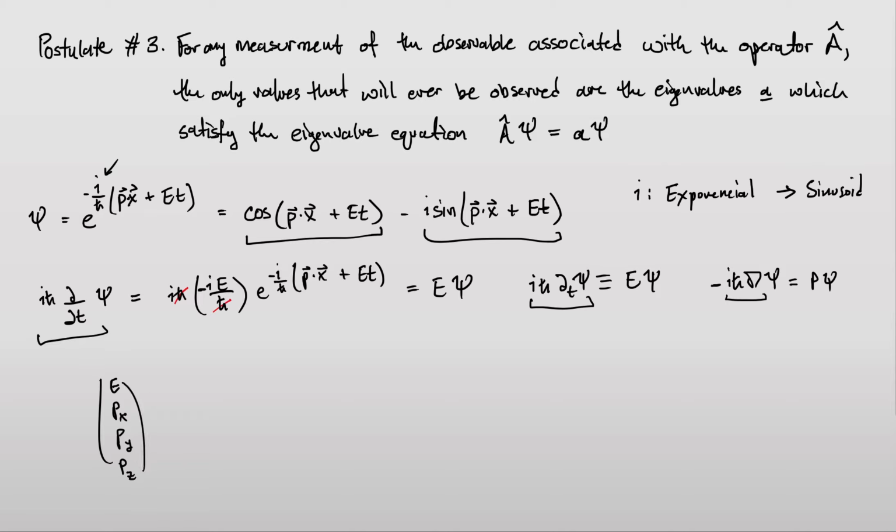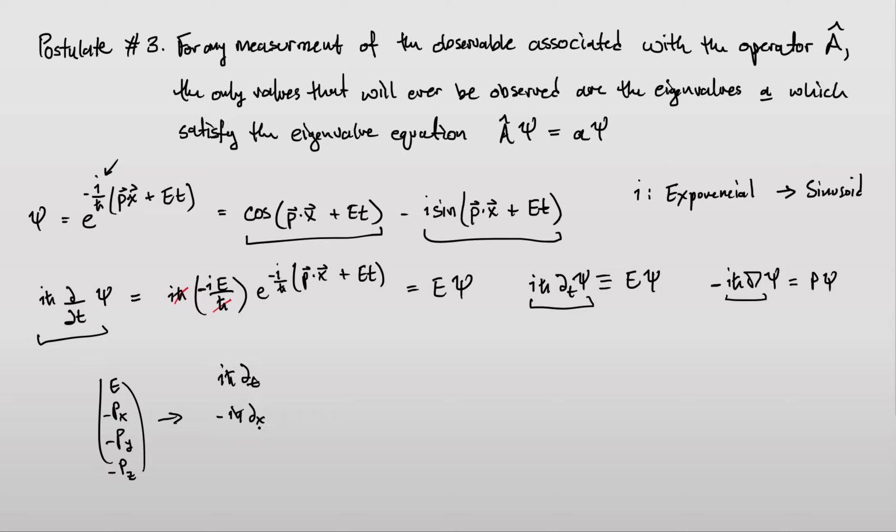Right, we're essentially just promoting these components to operators here. We're doing i h bar d/dt, and then negative i h bar. These have to be negative if we're doing special relativity, or, yeah, if we're applying this to some sort of Minkowski metric or something like that.